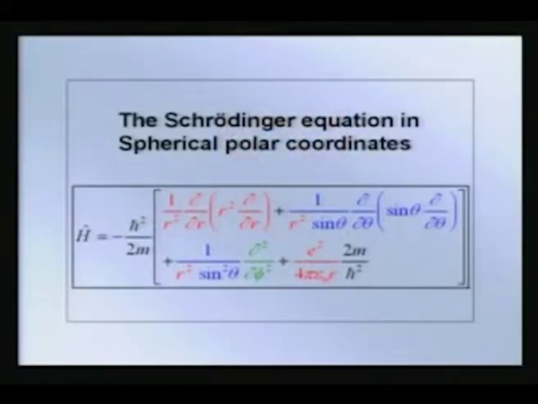The Schrodinger equation in spherical polar coordinates: let us recall the equation once again.